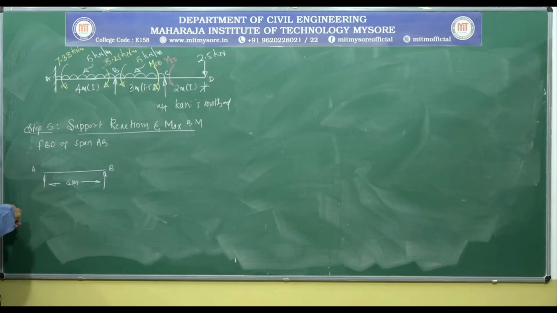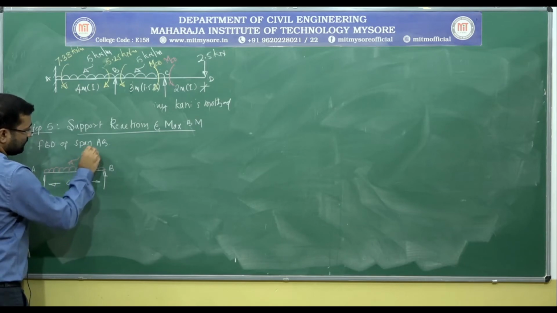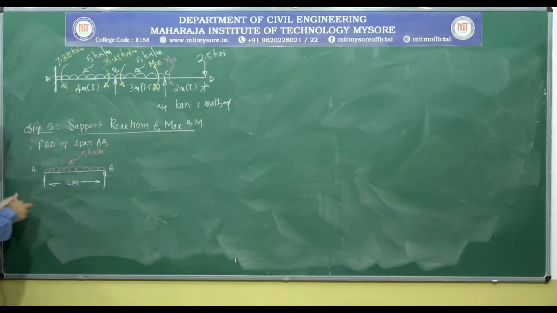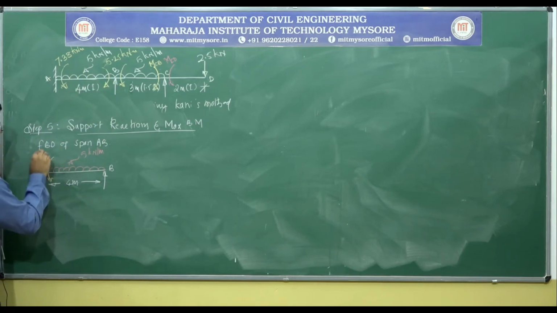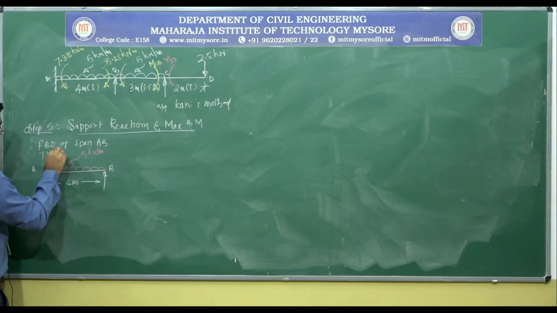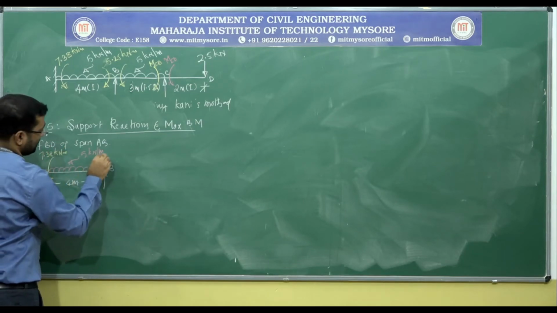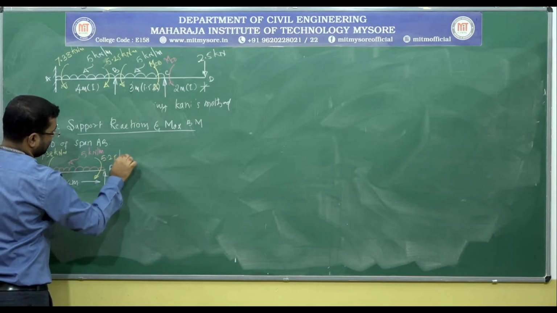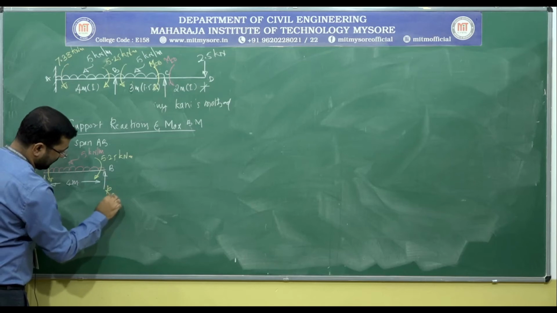On this beam we have a UDL of magnitude 5 kilonewtons per meter. Then we have two end moments. One is anti-clockwise 7.38 kilonewton meter and the another one is 5.25 kilonewton meter. So let me call the reaction here as RAB and here as RBA.